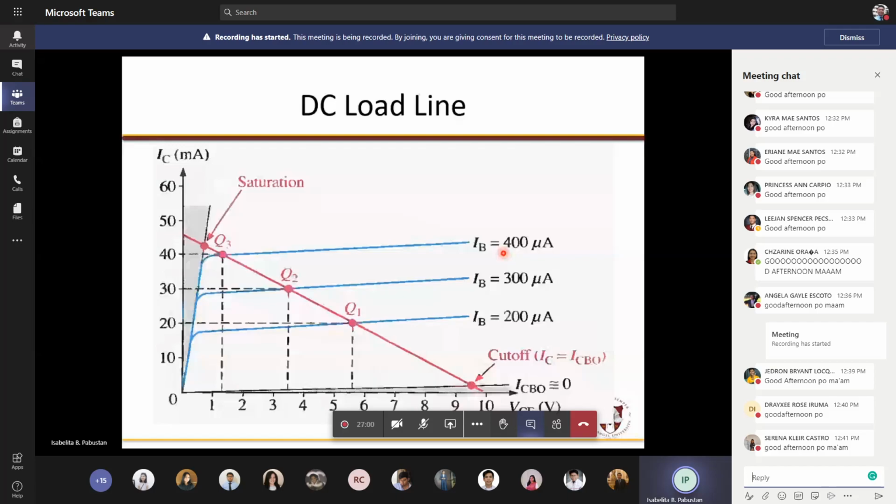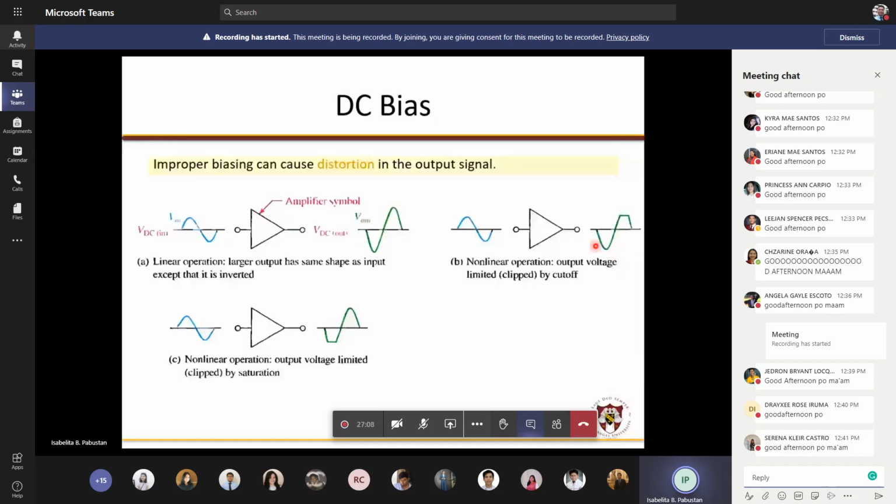Okay? Ito, non-linear operation. This is limited by cutoff. This is limited by saturation. Pag limited by cutoff, natatapyas dito sa taas, sa positive. Pagka limited by saturation, in this case, kasi ito yung output natin.